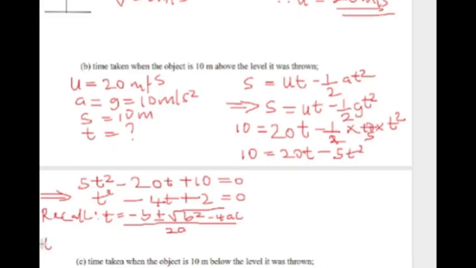So we substitute those values. Let's see what we get. Our b is minus 4, so that becomes 4. Minus minus makes it 4. I'm just substituting plus or minus.